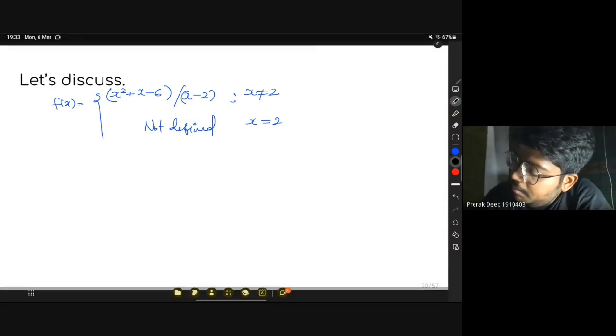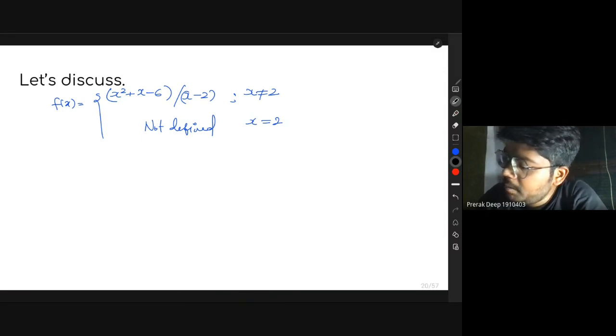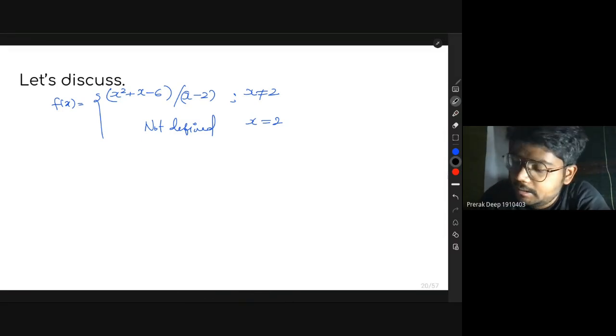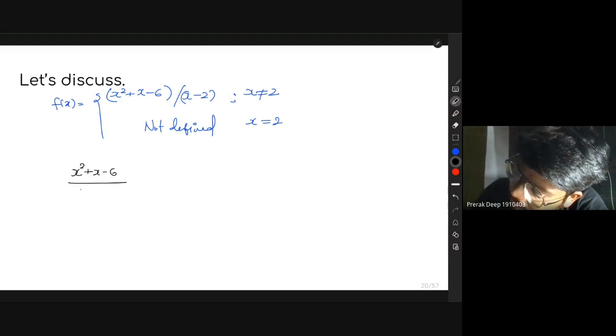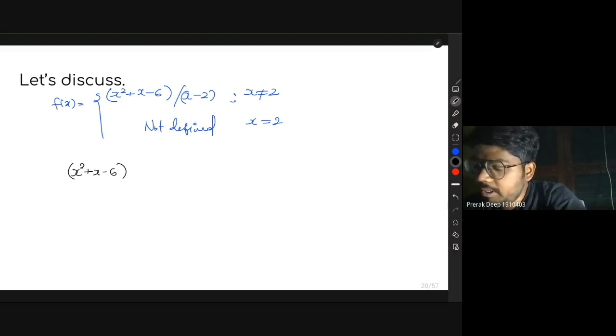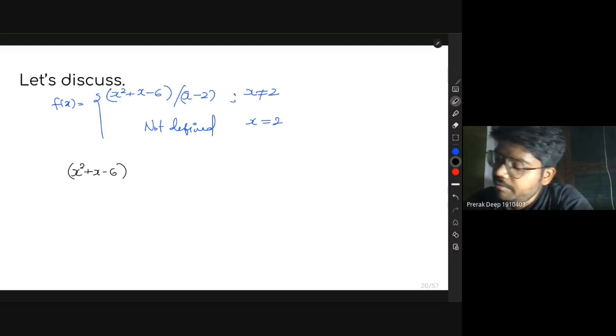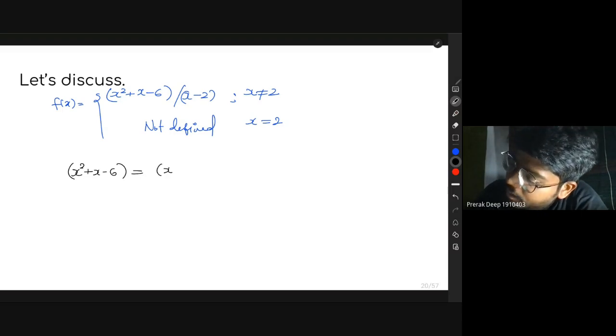Now in this case it is simpler. I don't think we need to go into LHL and RHL, because you can see that the quadratic polynomial in the numerator can be factored into x minus 2 times x plus 3. Sorry.